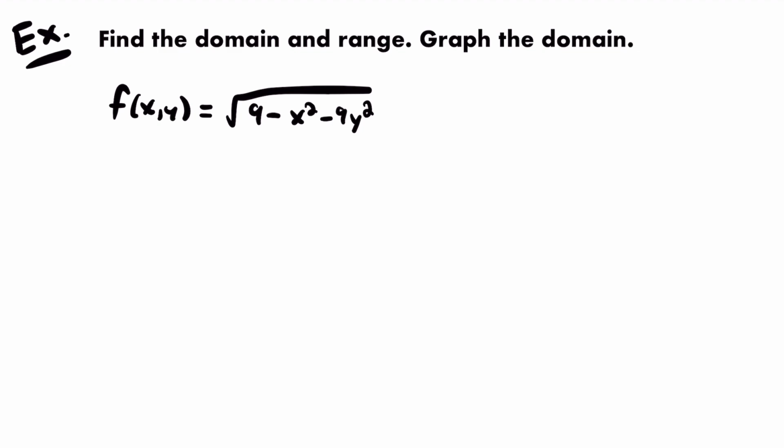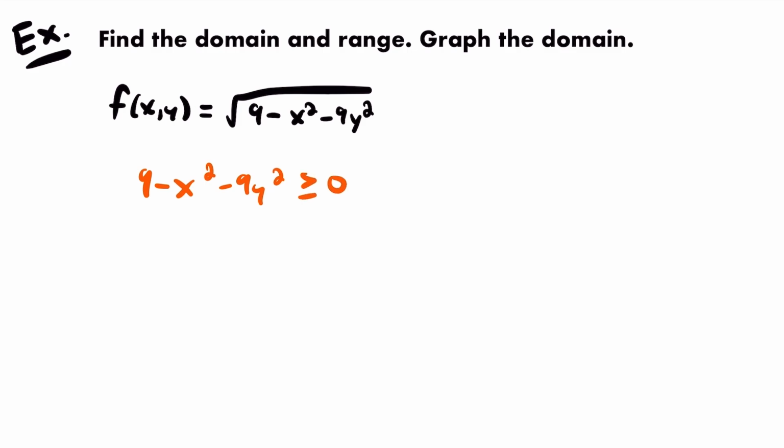So the restriction that we have here for this function is that the contents of this square root must be greater than or equal to 0, right? It's okay if this equals 0 because the square root of 0 is 0. That's fine. But anything smaller than 0 would not be good. So we want 9 minus x squared minus 9y squared to be greater than or equal to 0.